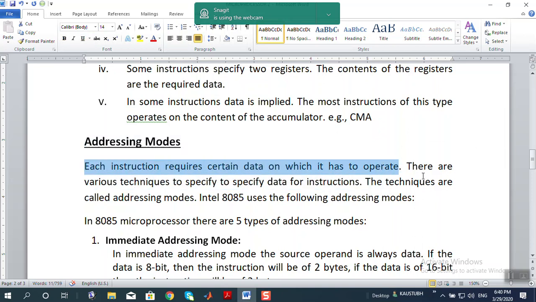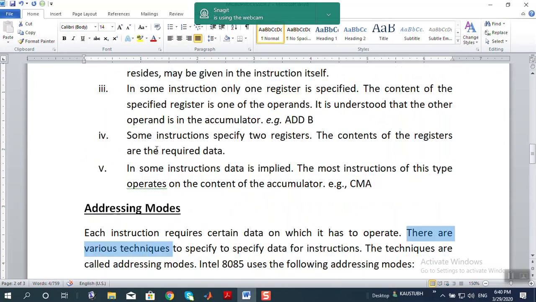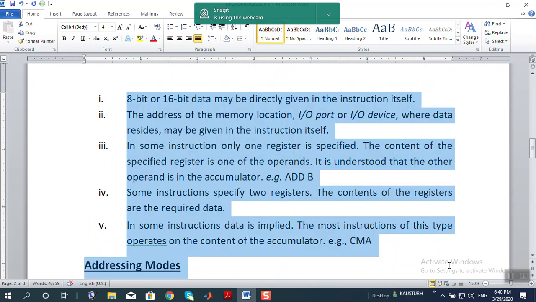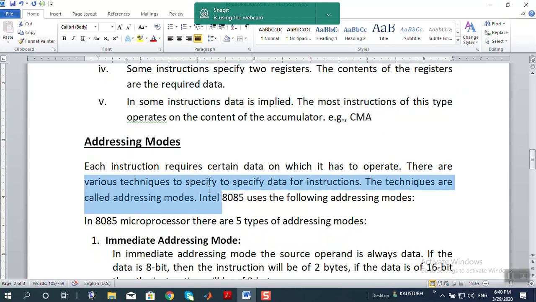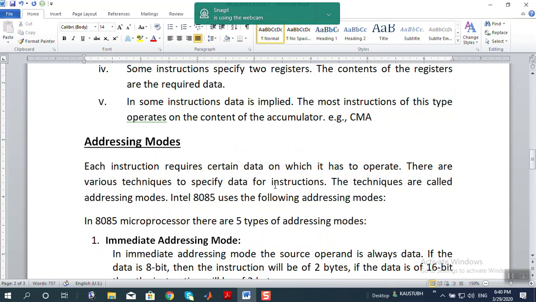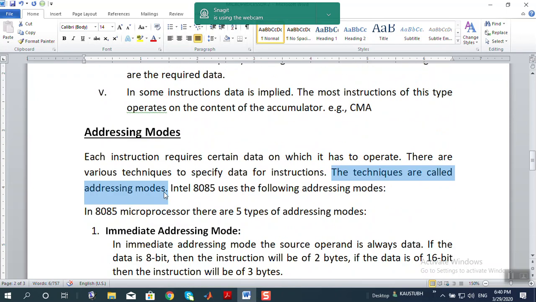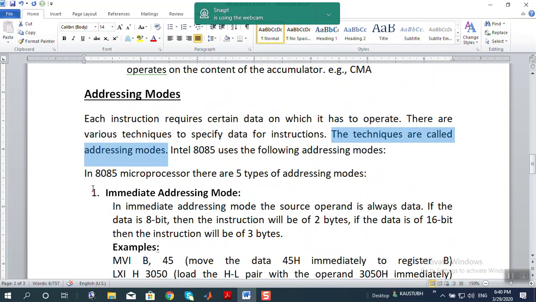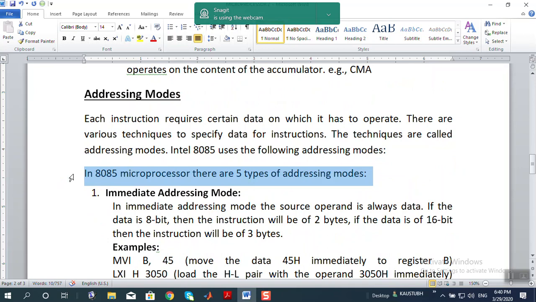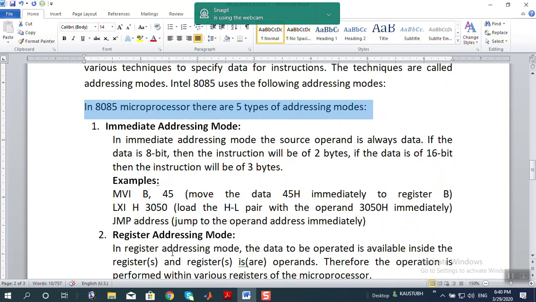There are various techniques to specify data for an instruction. These techniques are called addressing modes. As you can see, there are 5 different techniques. Based on that, there are 5 different addressing modes available in 8085. So in the 8085 microprocessor, there are 5 types of addressing modes. What are those?